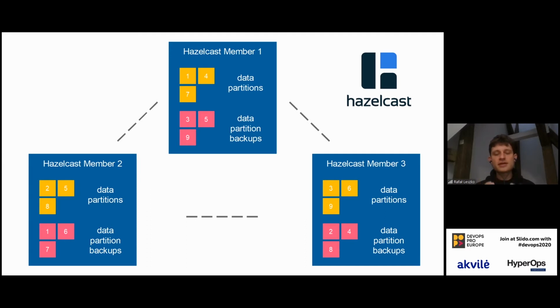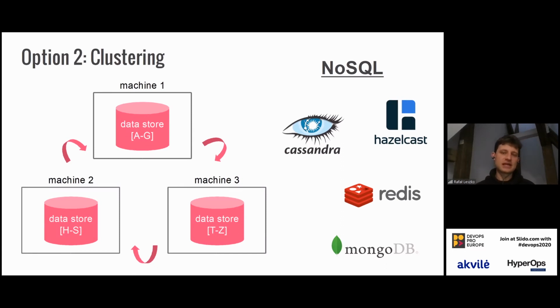It is guaranteed that the backup of partition 1, pink on this diagram, can be stored on member 2 or member 3, but never on member 1. So if one of the members crashes, what happens? We promote backup partitions and migrate the data partitions. So you are sure that if one machine is down, we don't experience any data loss. And in general, that is how NoSQL databases work nowadays.